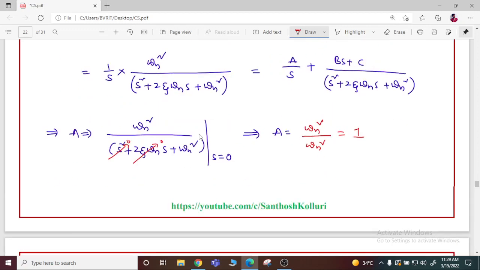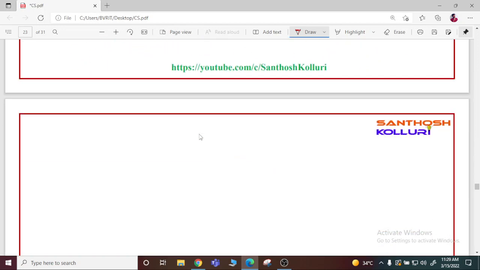For getting B and C, we have to compare the equation for the coefficients of s square and s.